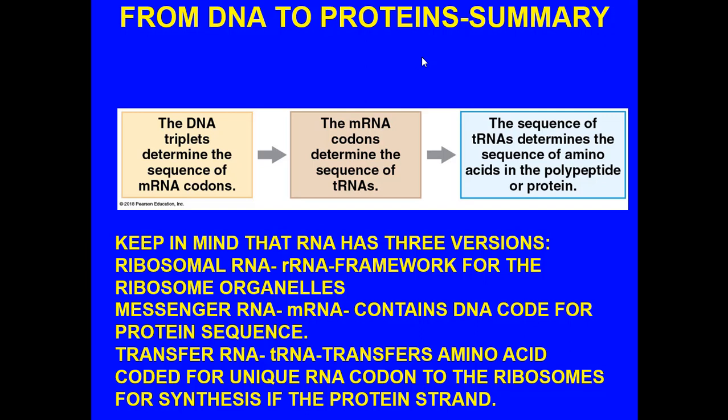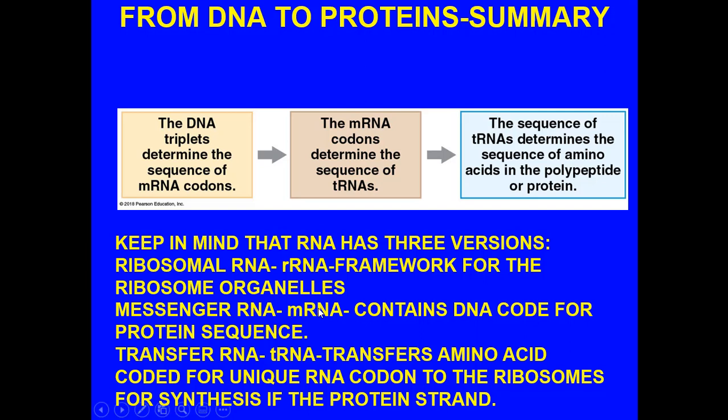There are 3 versions of RNA, so if it gets a little confusing, you have to look at what the little letter is before the RNA letters itself. rRNA, ribosomal RNA, provides the framework for the ribosome organelles. That's the scaffolding to which all the proteins that help make up the big globular structure of the ribosome all attach to.